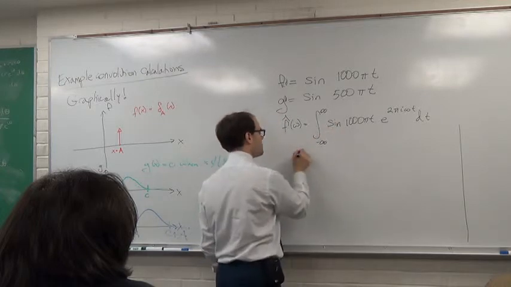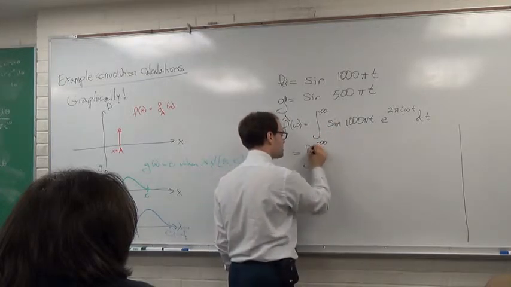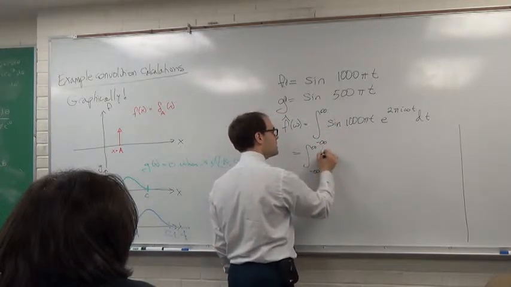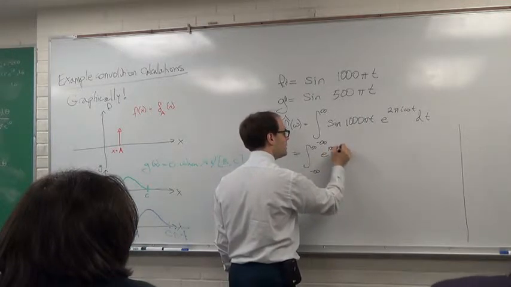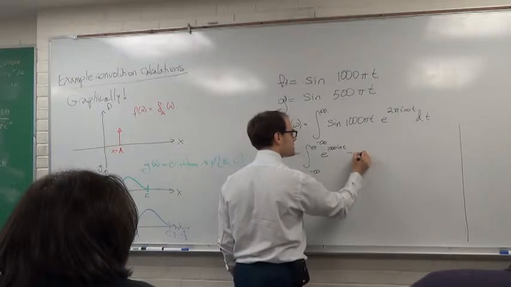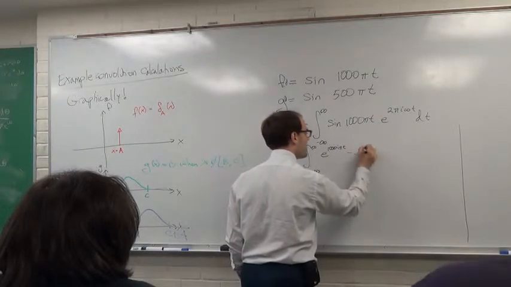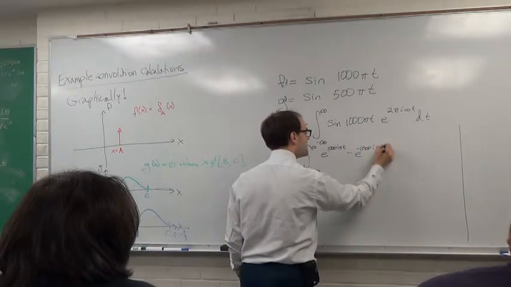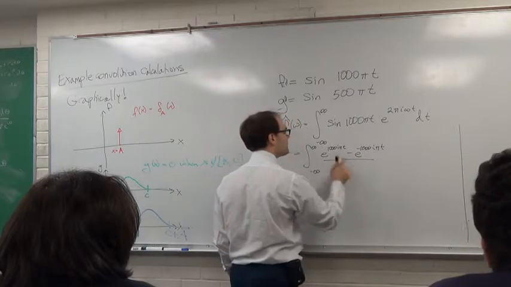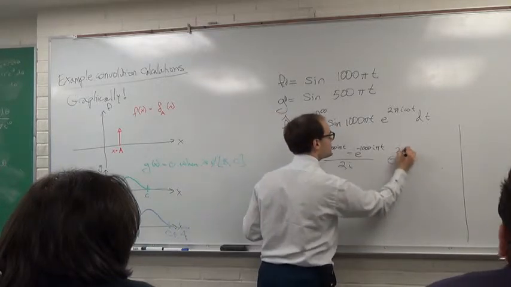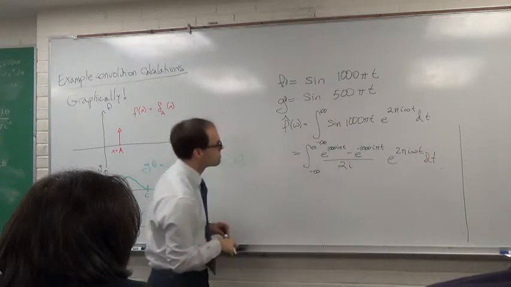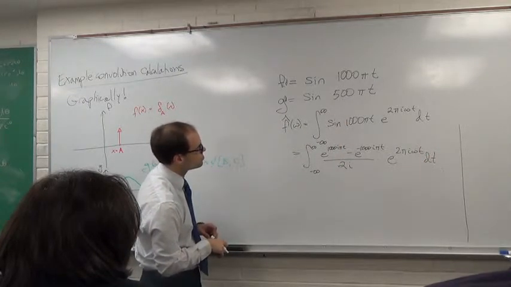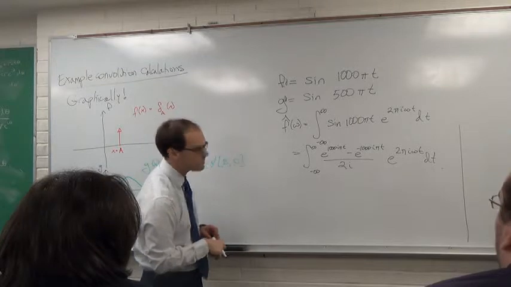Let's write sine out as complex exponentials, which is probably easier: e to the 1,000 pi i t minus e to the minus 1,000 i pi t, over 2i, times e to the 2 pi i omega t. Not a negative 2 pi? No, it's not.